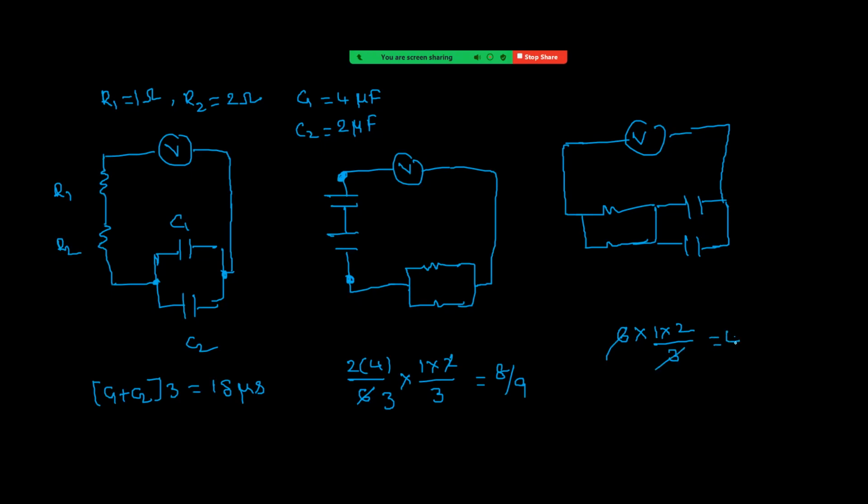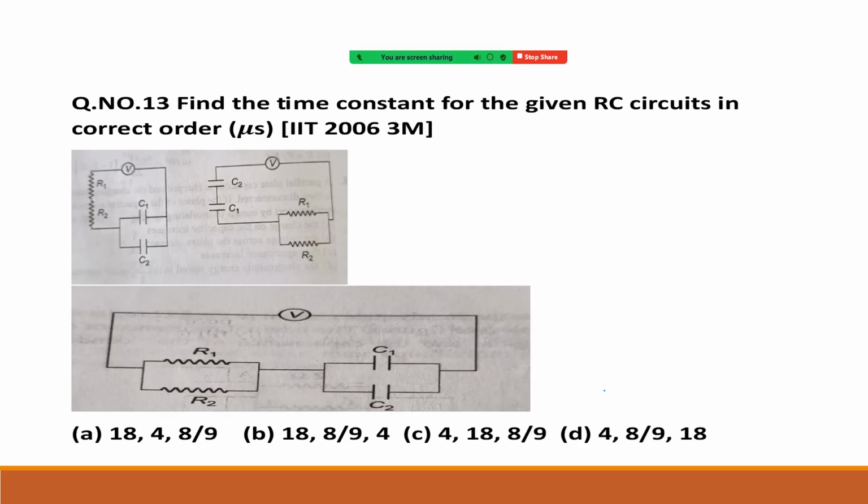So it is how much? 4. So 4 microseconds, right? So simply we have to focus: whenever we want to calculate the time constant, find the effective resistance across the capacitor by removing the battery and connecting by conducting wire. Okay, that is what we call shorting the battery. Okay, see the next one.